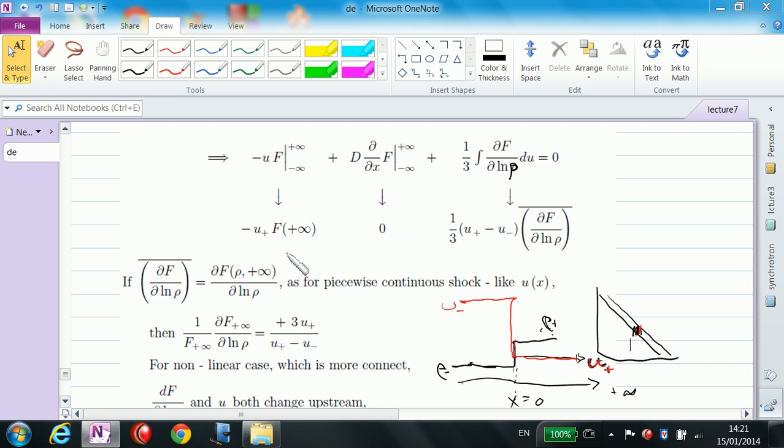And the rate at which they're lost behind the shock depends only on the downstream velocity. So that's why you have the downstream velocity in the numerator, and then the 1/3 velocity difference in the denominator.